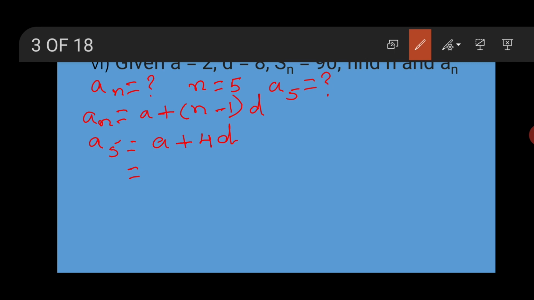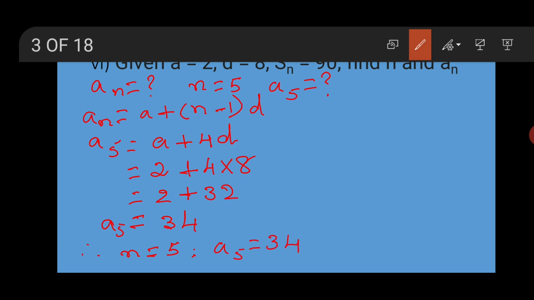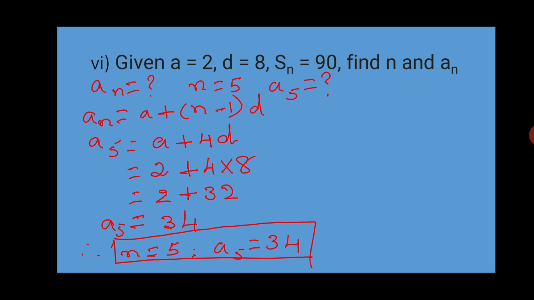We know a is given as 2, plus the value of d, which is also given as 8. Therefore 2 plus 4 eights are 32, and on adding you will get 34. Therefore finally write the answers: n = 5 and a5 = 34. Did you get this? Okay, let us move to the next problem.